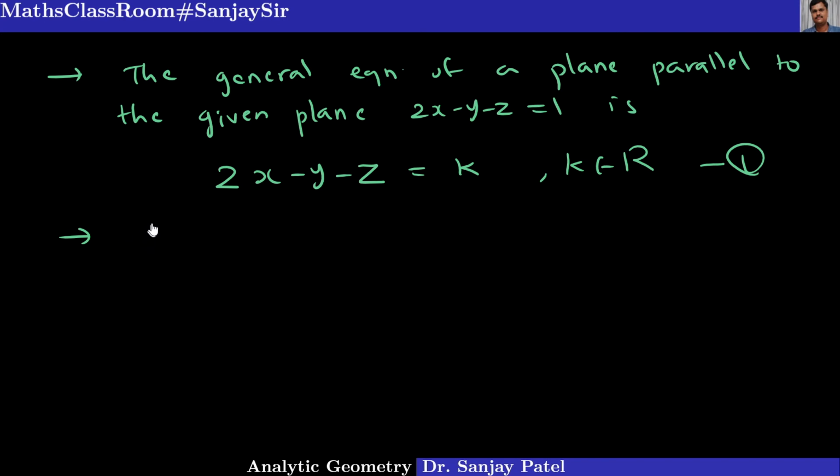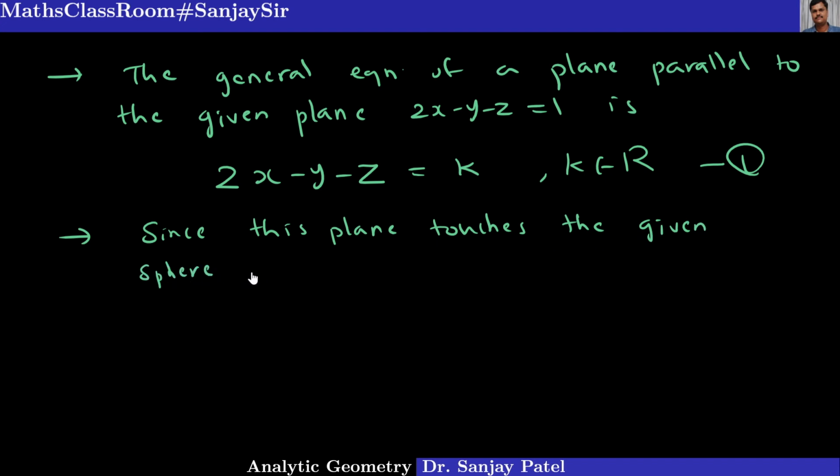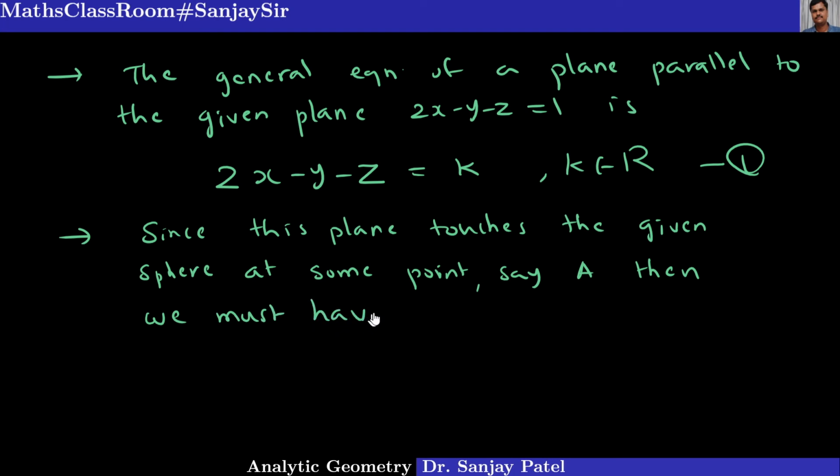Here, since this plane touches the given sphere at some point, say A, or B, anything, then we must have CA, the distance of the center from this point of contact, equal to R, that is the radius of the sphere.